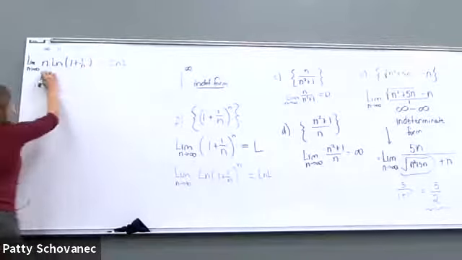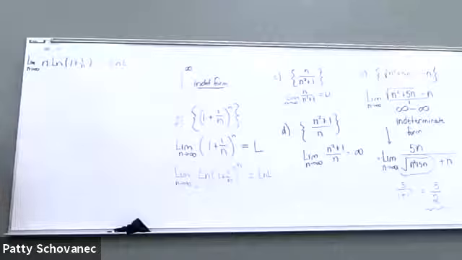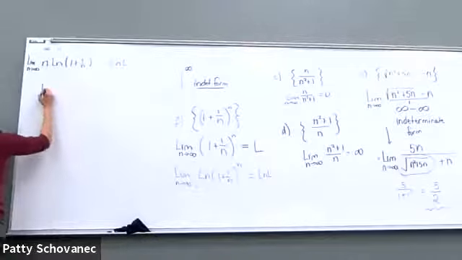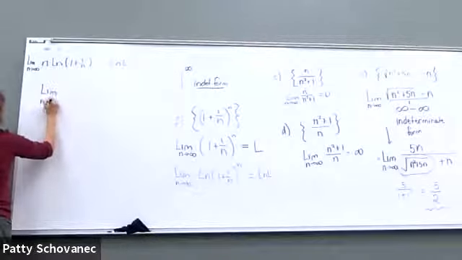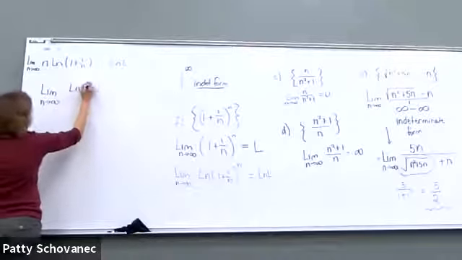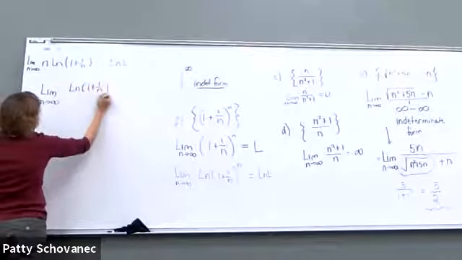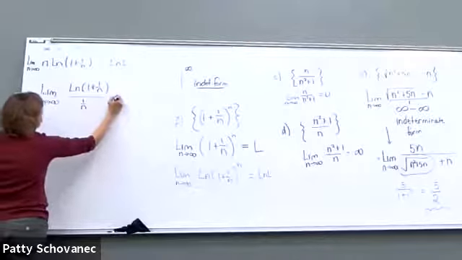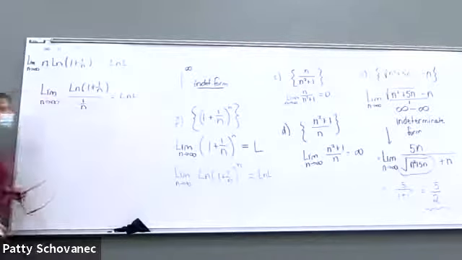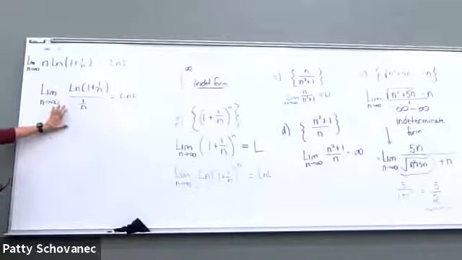I'm going to take the n. Multiplying by n is equivalent to dividing by 1 over n. And now it has the form of 0 divided by 0. And I can do L'Hopital's rule.